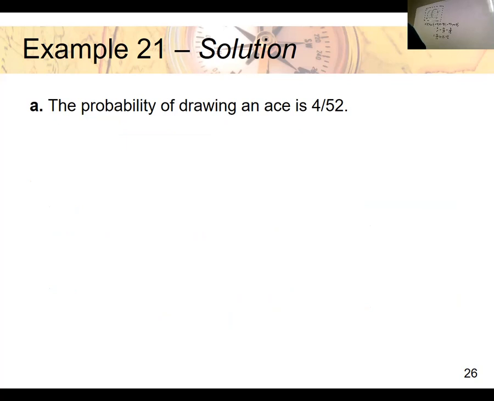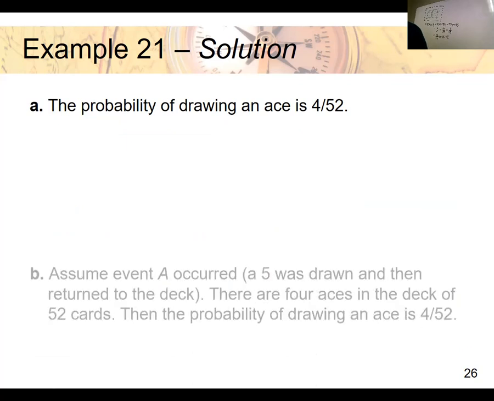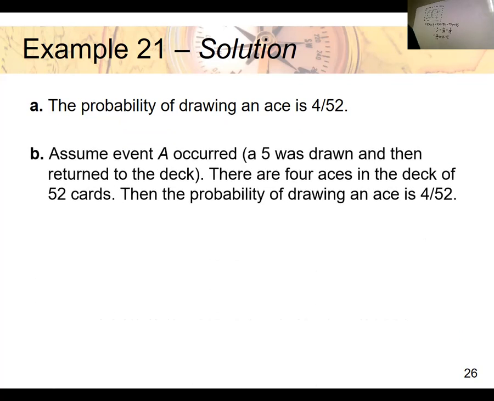Now part B, where the experiment consists of drawing 2 cards from a standard deck of cards with replacement. Let's assume that event A occurred when a 5 is drawn and then returned to the deck. There are 4 aces in the deck of 52 cards, so the probability of drawing an ace is still 4 out of 52.